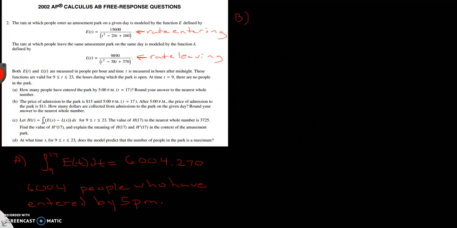So we have two different dollar amounts being collected. $15 during prime time, which would be 9 to 17, E of t dt, plus $11 because it's now non-prime time and not as many people are going to come, so they want to entice them. So it'd be 17 to the park's closing, which is 23, E of t dt.